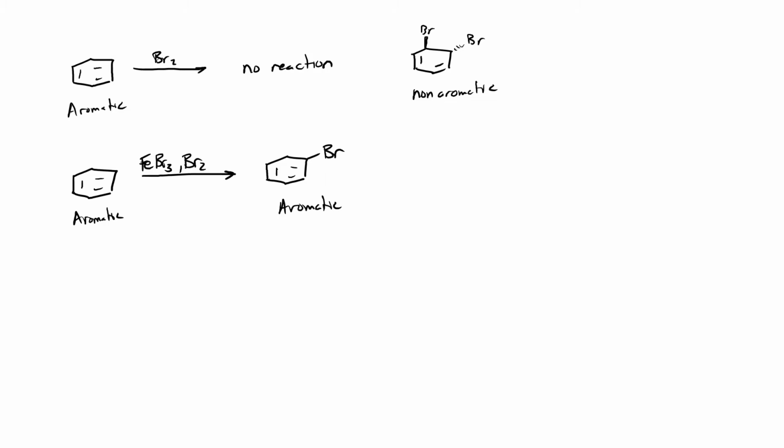Okay, but the question is, how does this work? How do we end up with a bromine here and replace a hydrogen? So this is a reaction called electrophilic aromatic substitution, or EAS.